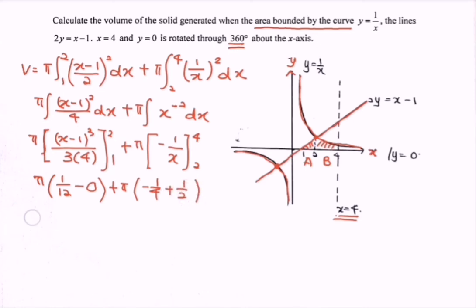So finally, the volume will be equal to pi bracket 1 over 12 plus 1 over 4. So finally, the volume will be equal to pi over 3 unit cube. So that will be the situation.